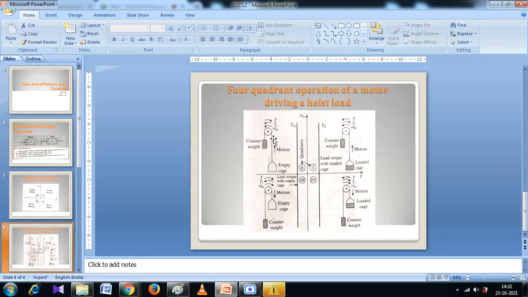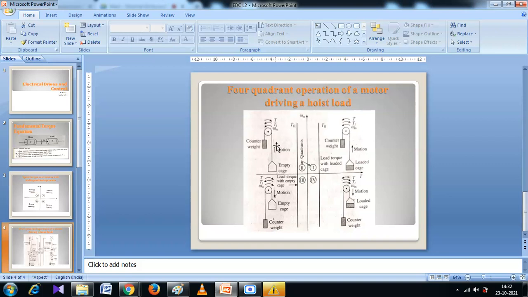To restrict that high speed, we have to develop a torque opposite to the motion of the cage. So at that time we produce a clockwise torque, and though the motion of the empty cage is upward, the shaft is rotating anti-clockwise.